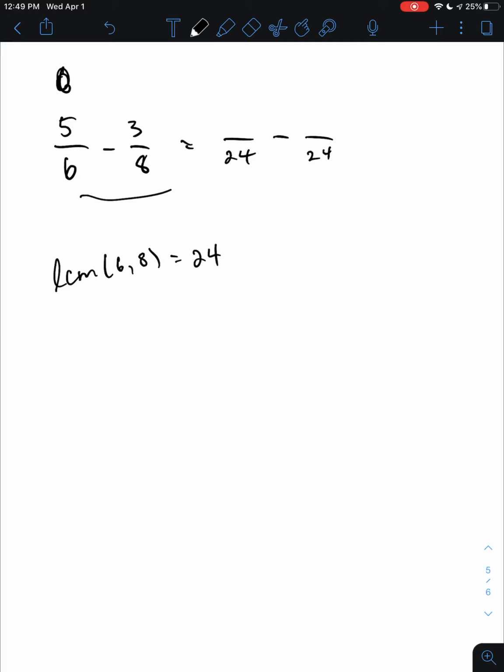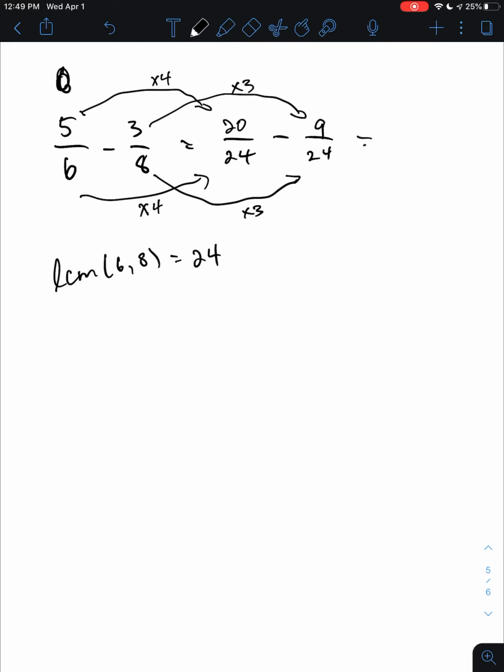I multiply by 4. 6 times 4 gives 24, so 5 times 4 is 20. 8, I multiply by 3, so I have to do the same thing here. And I get 9. So I've got 20/24 minus 9/24, and that is 11/24.